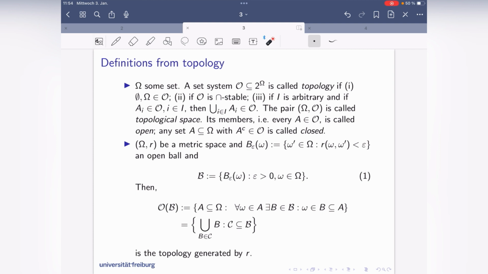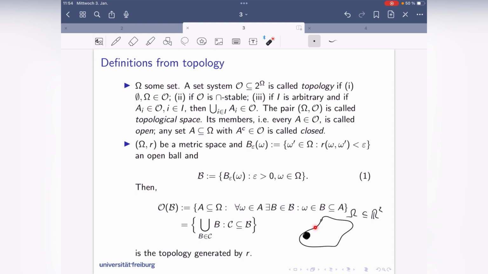I can also say it like this, and maybe you remember something. Well, I have a set here, maybe that's an omega, subset of R square, and I want to have a topology on this. And I know I have a metric on R square, and so I have a metric also on my omega. And the set is called open whenever I pick some center of a ball, I can have a radius such that the whole ball here is within the set. Then I call the set open.